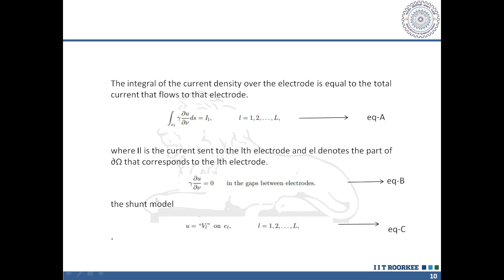Here in the shunt model we explain that the voltage due to the body is equal to the electrode voltage, meaning the voltage contributed by the load only will equal the electrode voltage.